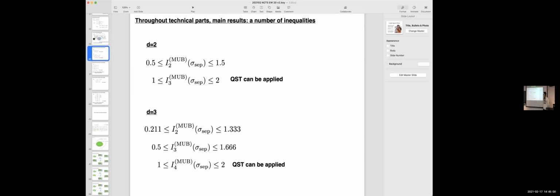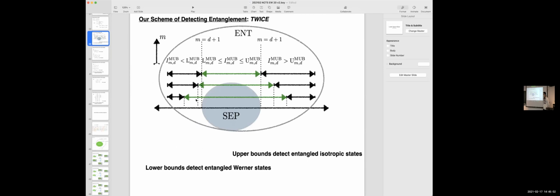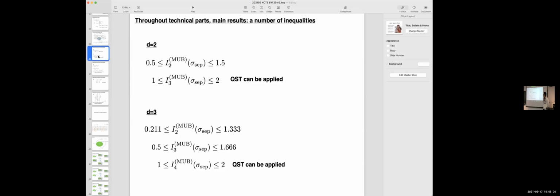Right. Okay, yeah, but it's not obvious just from the inequalities themselves, I guess. Okay. So then, for instance, I have an entangled state which gives the bound 0.7. This is violated by this witness, this lower bound, but 0.7 is satisfied by this inequality. So 2 MUBs cannot detect that entangled state, but if I apply 3 MUBs, then I can detect that entangled state.